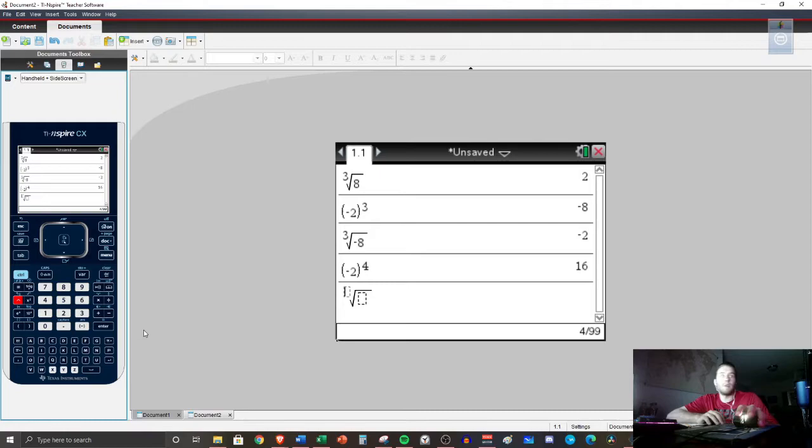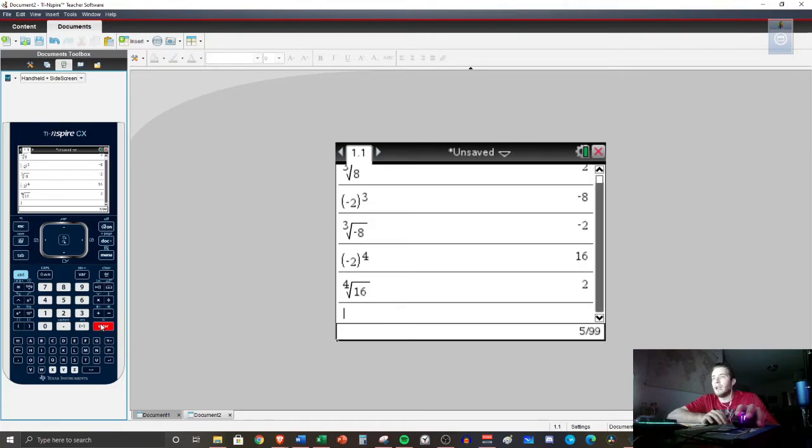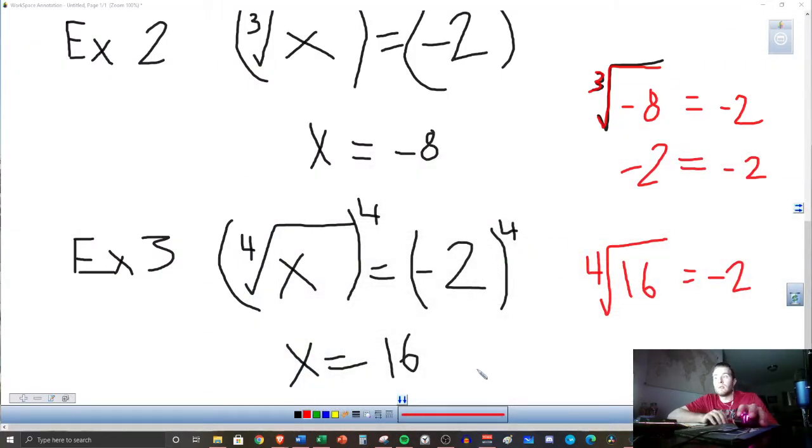For those using the 80 series, if you were typing this in, you have to go to the one below the cube root and type in your power. You may need to watch a video on how to do that. So let's put a 16 in here, and we're gonna get +2. So this is 2 equals -2, which is not true. So this would be extraneous.